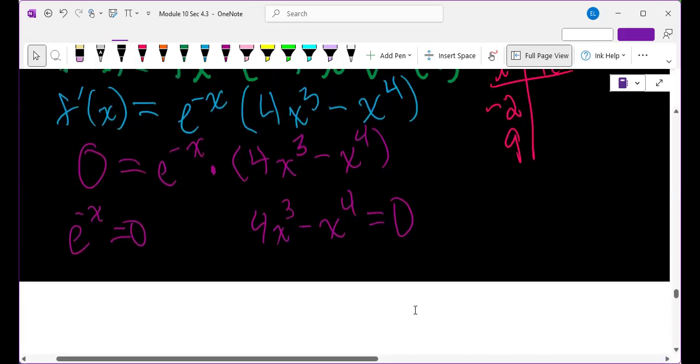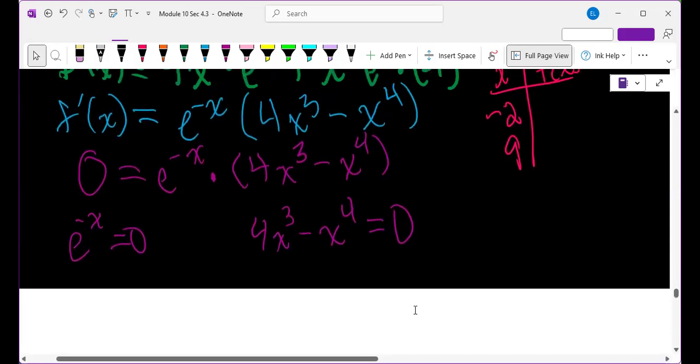Make a little more room. All right, so e to the -x. If you're not thinking too hard, but hard enough, how do we cancel out e? We natural log. So if I natural log both sides here, the natural log of e to the something is just the something.